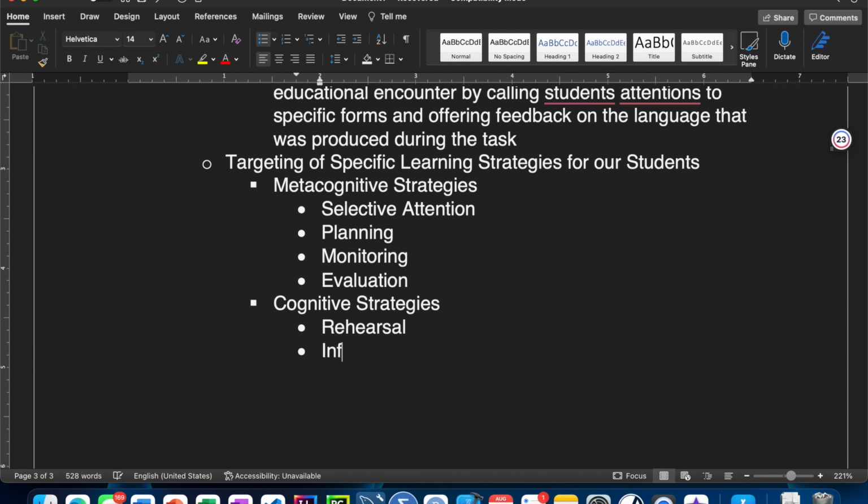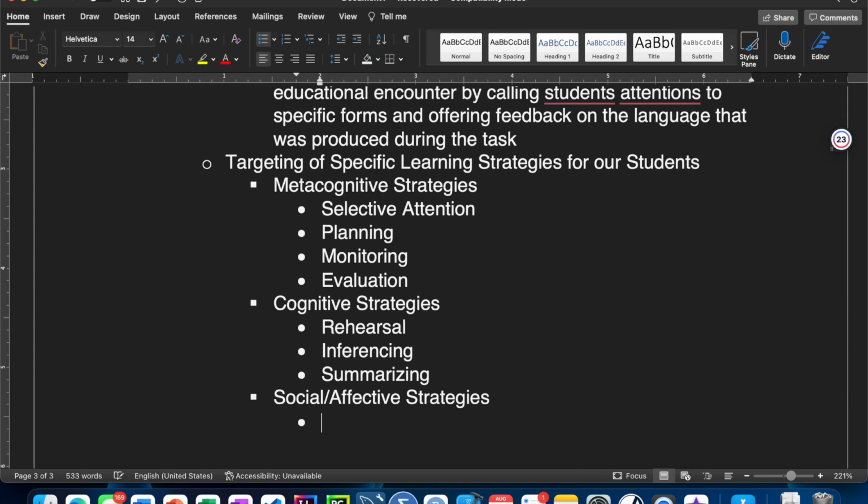This can also include things like having students draw inferences about language or summarize their learning explicitly, often through the use of reflective writing. And then, understand that these aren't exhaustive lists, but there's also social or affective strategies, right?